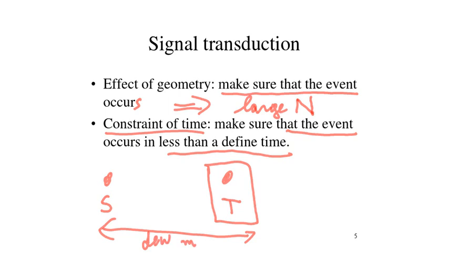And this is, for example, very important in sensory transduction. If you have an animal and there is a prey or predator that is going to kill the animal because it wants to eat it, in order to defend itself, you first have to see the predator coming. So in the brain, the mechanism should be very fast.